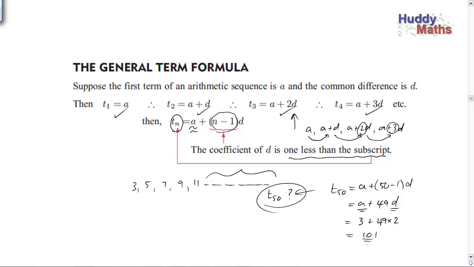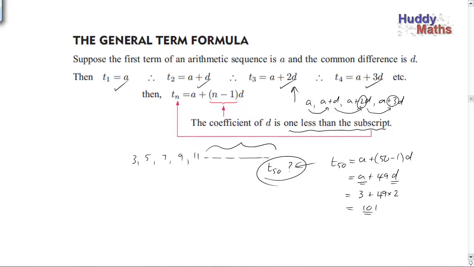Okay, so it's fairly commonsensical, isn't it? So here's our formula. I'll just scrub that out now. That's our formula there. Tn equals first term plus n minus 1 by d. Can you see what we're doing? We now have a mathematical model, which is a formula to describe the sequence.